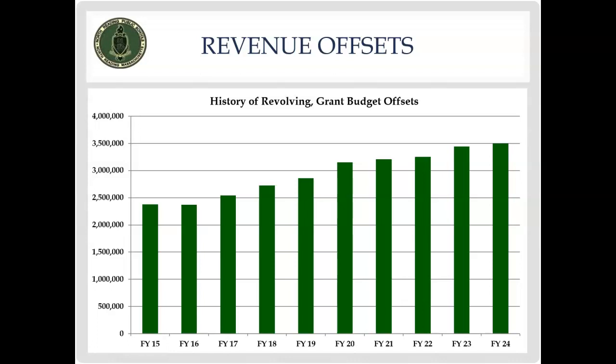The amounts increased somewhat since fiscal 21, from about 3.2 million to close to 3.5 million. But we haven't really increased a lot of our user fees, and we've worked hard not to do that. So there are some limits to our ability to bring in this type of revenue. But as you can see, we've brought in a good amount of revenue, over $3 million since fiscal year 20.